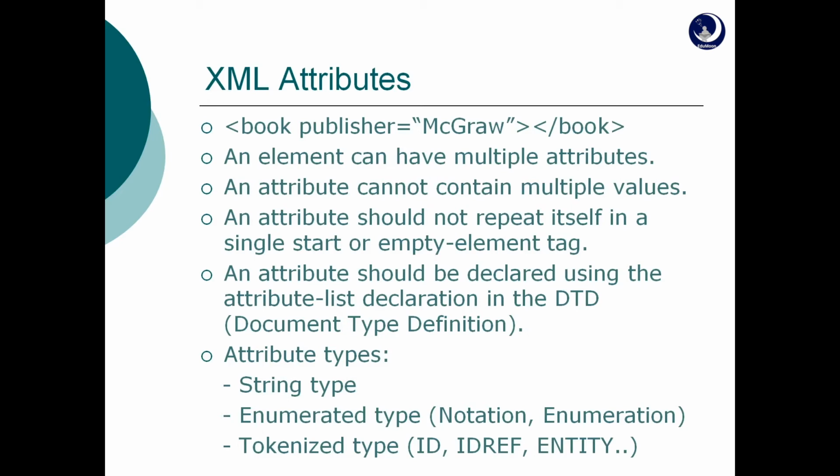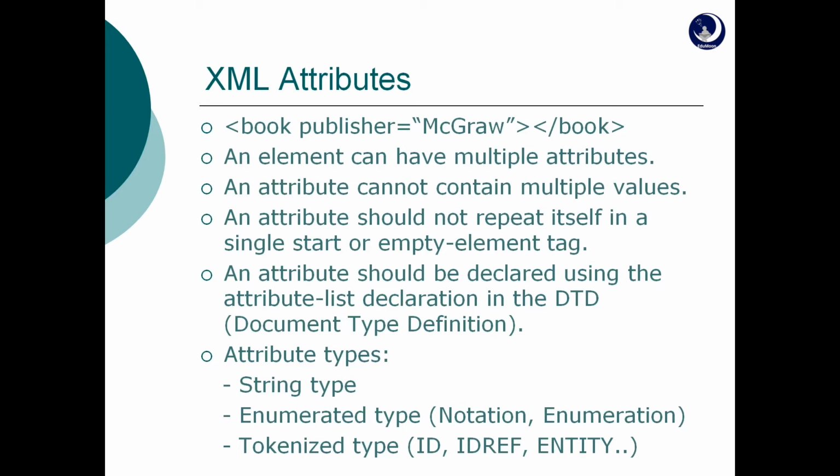And there is another important point: an attribute should not repeat itself in a single start or empty element tag. In an empty element tag or a start tag, you cannot have the same attributes. So in the example specified above, book is the root element and it is a single start tag, where the publisher is set to macro.